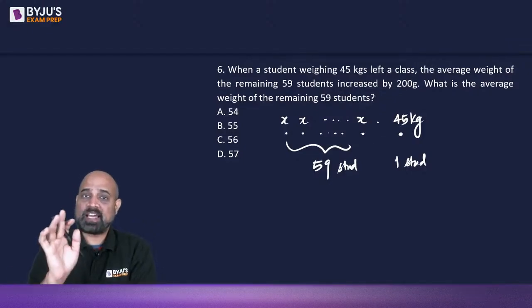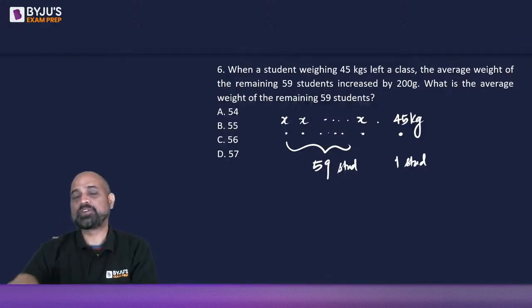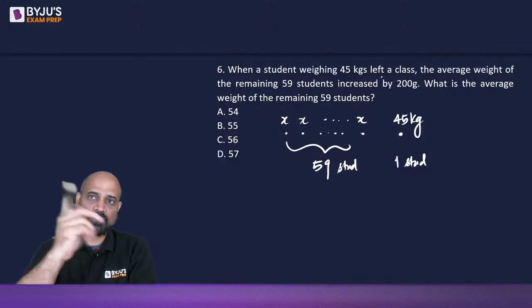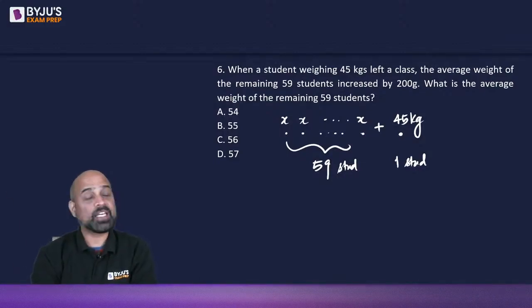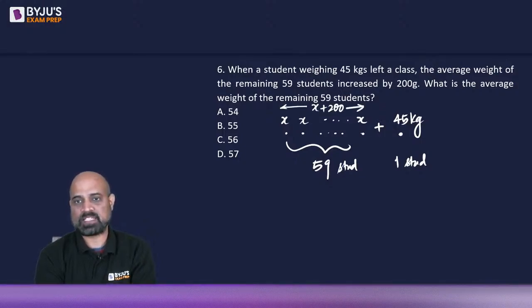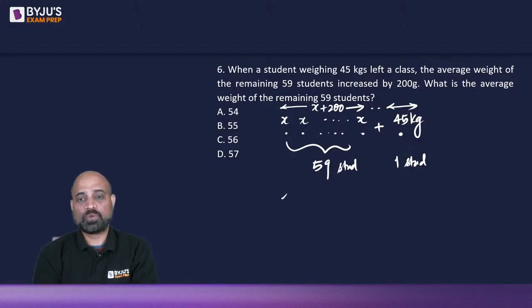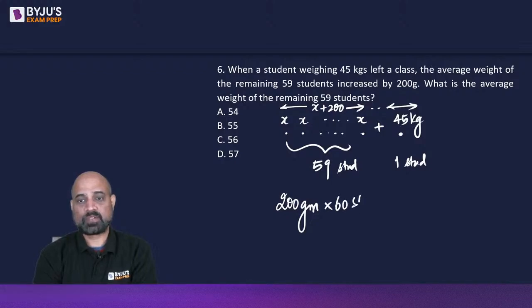So when this guy leaves, it reduces by 200 grams. If I do the vice versa, if I bring him back, we can say that the weight of each one of them will increase by 200 grams. As in, everyone's weight will be 200 grams more, including the guy himself. So that 200 grams is for 60 students, right?